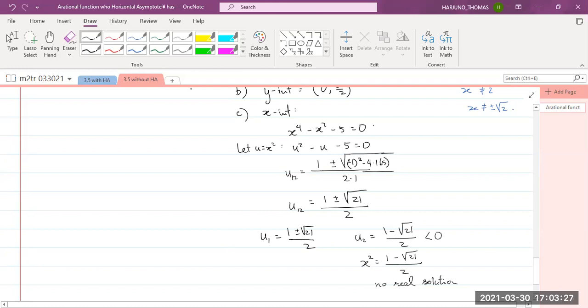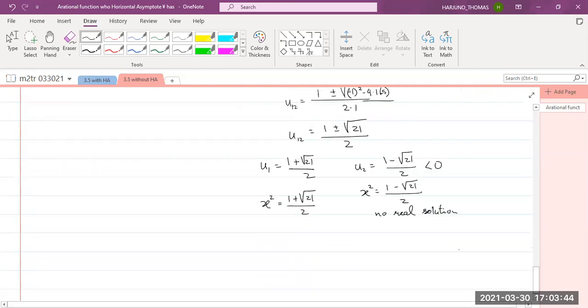For the positive branch, that's our x squared. So x will be plus or minus the square root of (1 plus square root of 21) over 2. That's plus or minus 1/2 square root of (2 plus 2 square root of 21), multiplying the top and the bottom by 2.